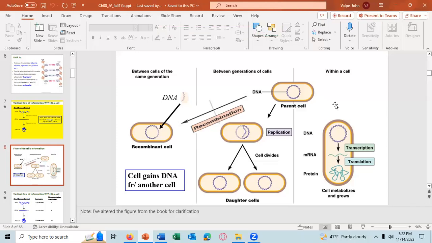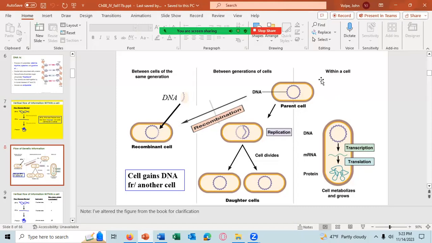Let me think about that. Or is that the vertical gene transfer? Sorry, I'm drawing a blank here. I think this is the horizontal gene transfer, but it's not terribly important. The idea is the flow of information within a cell.